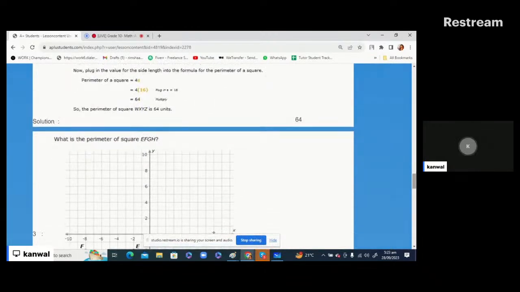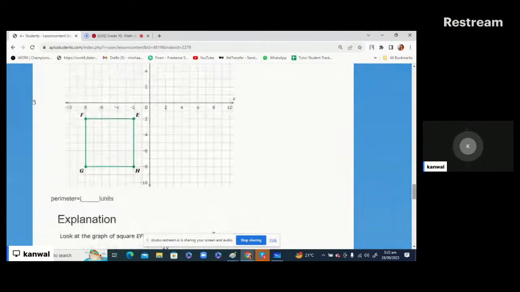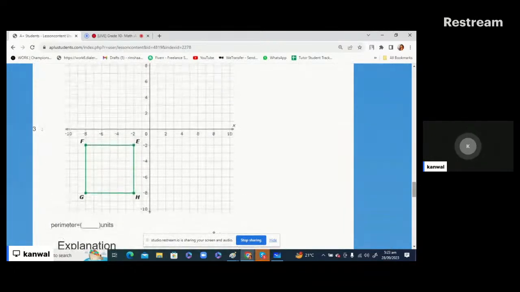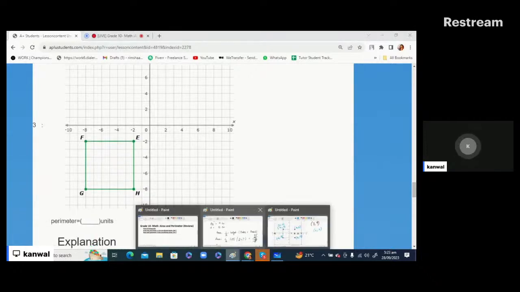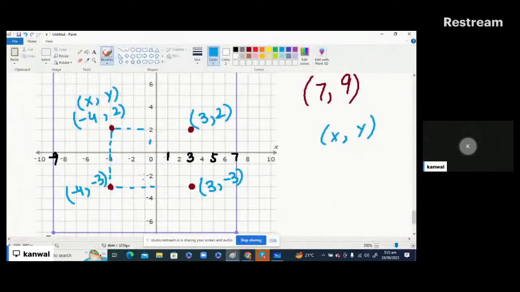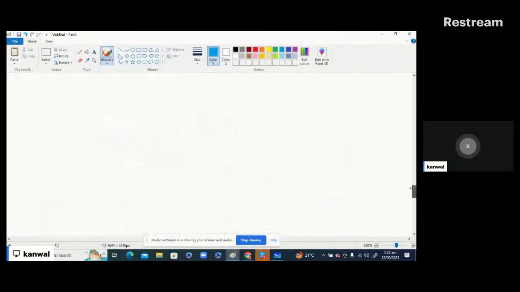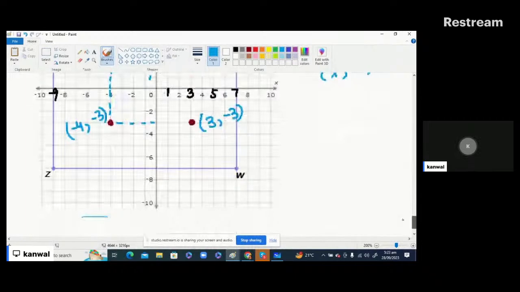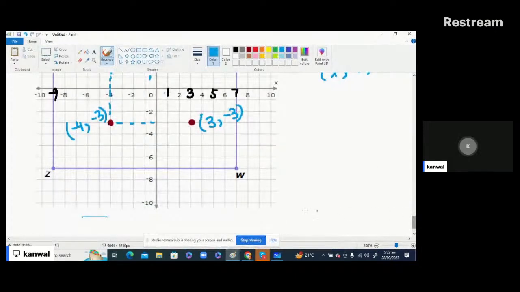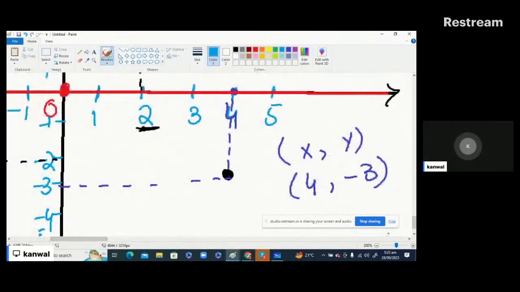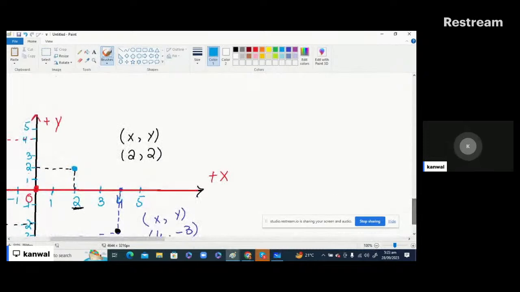Got it? Look here, again, first of all find the coordinate points using this method. I completely described all these things here, and I also drew this.